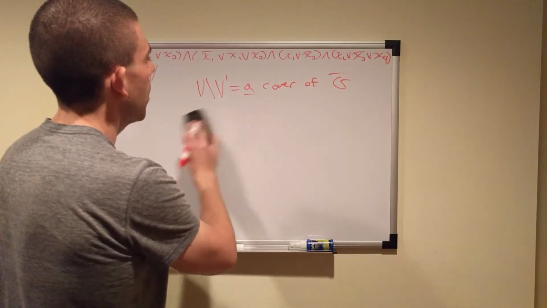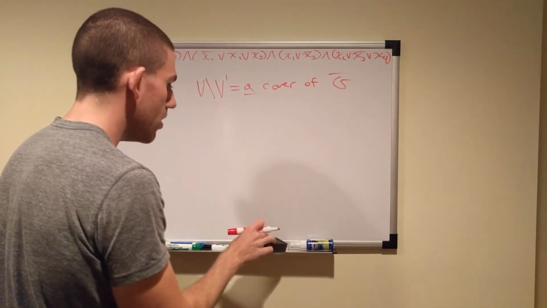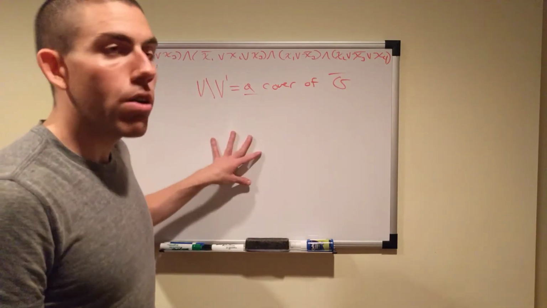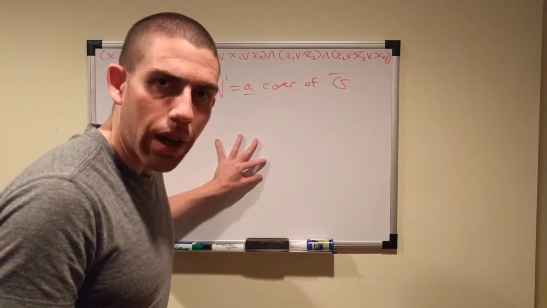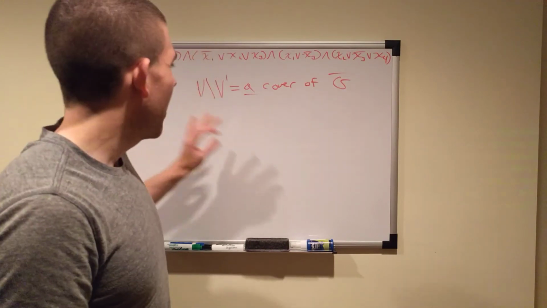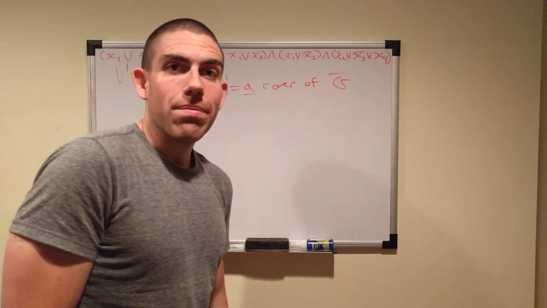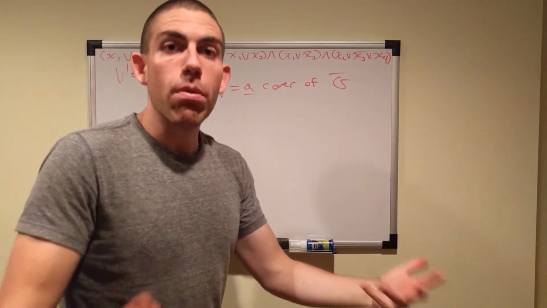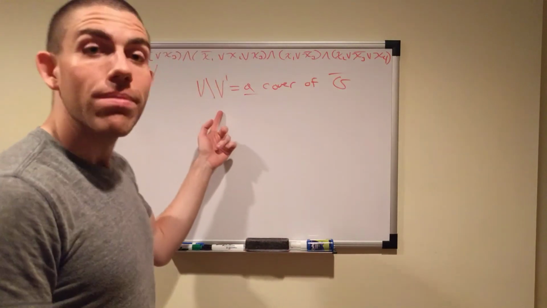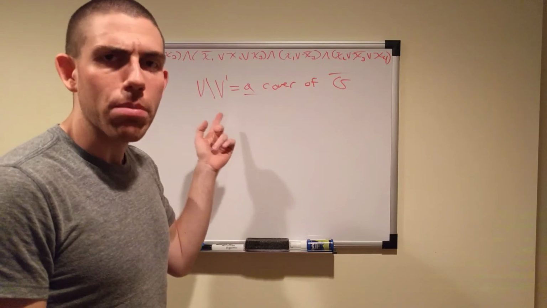So let's say that we had our graph from before, the one that I deleted, and we made G complement, what would be the smallest cover, given this theorem? The smallest cover of G complement, right?